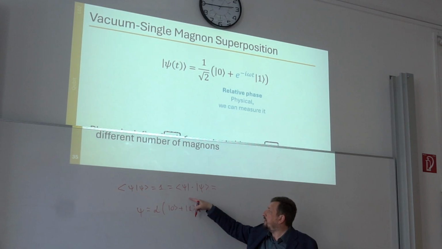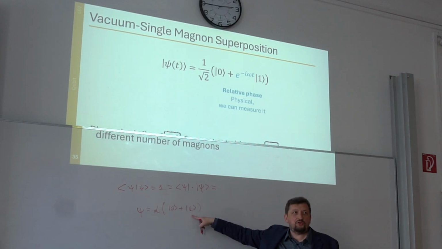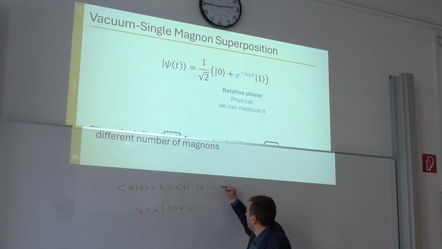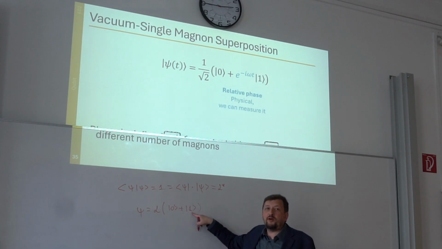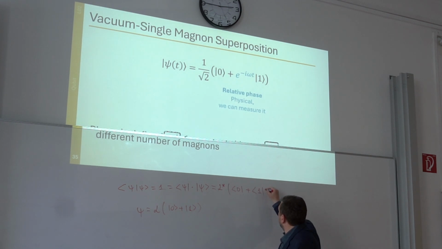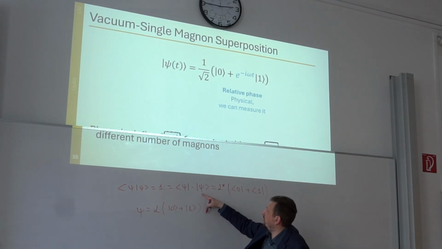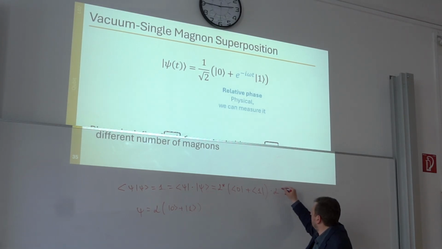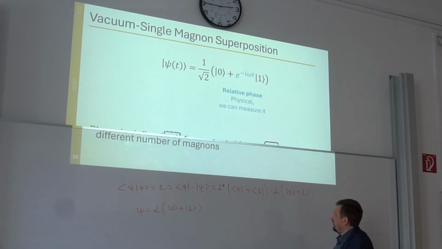How do we calculate the bra vector from this? We change all ket vectors to bra and we complex conjugate everything that we have here. So alpha will be complex conjugated. Here instead of ket vectors we will have bra vectors, so we change the direction of the angular bracket. And here I have the ket vector, so this is the same. So I have alpha times 0 plus 1.